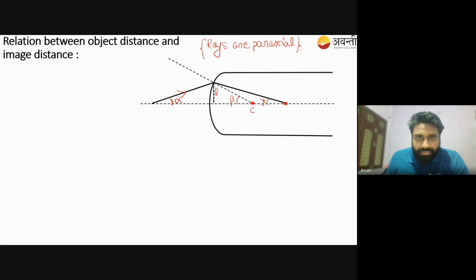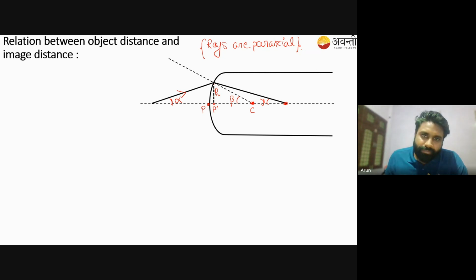This height is h. This point is P, the pole, the geometrical center of this spherical surface, and this P dash is the point where this perpendicular cuts the principal axis.